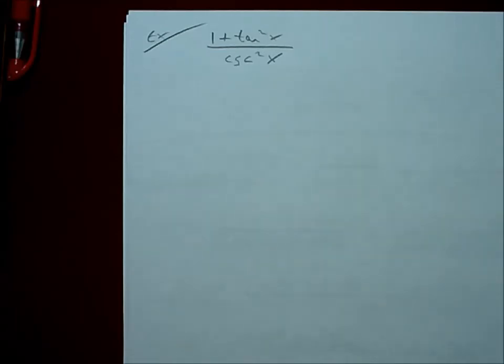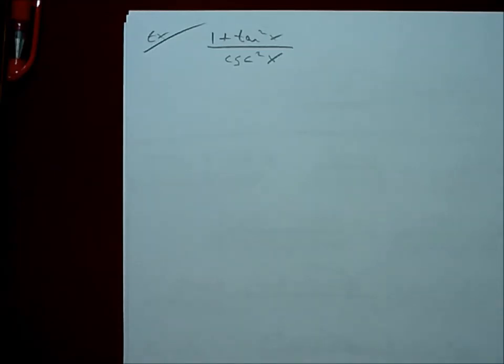So this time we're going to start with 1 plus tangent squared divided by cosecant squared. And we want to try to simplify this. Ideas. That is an excellent idea. Let's put each of those in terms of sine and cosine and see what happens.